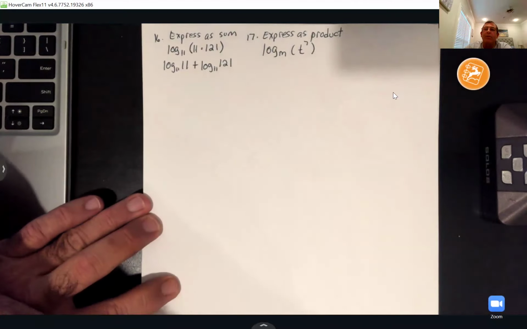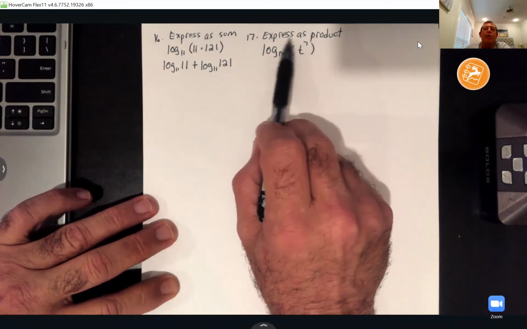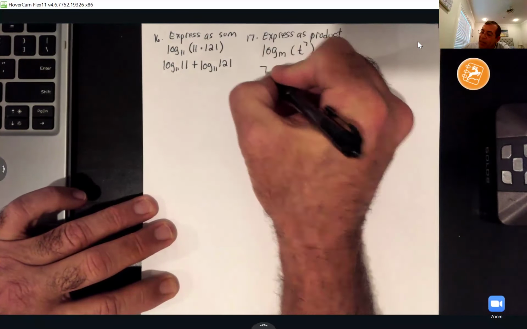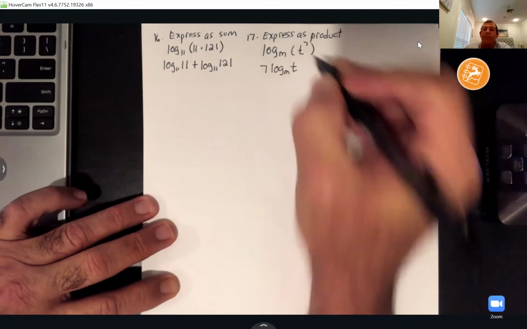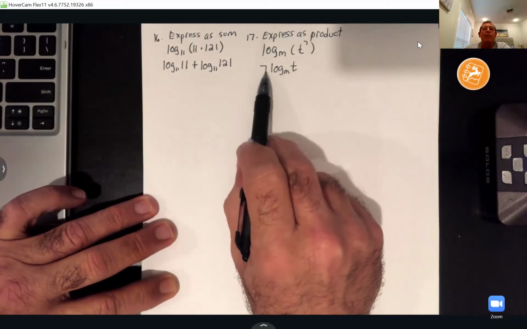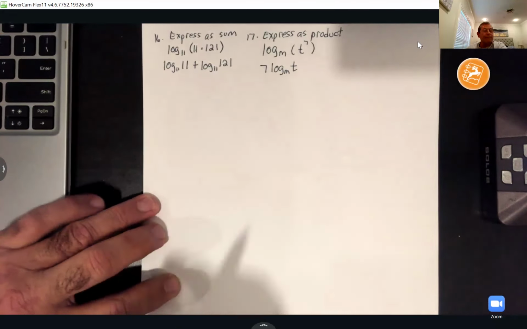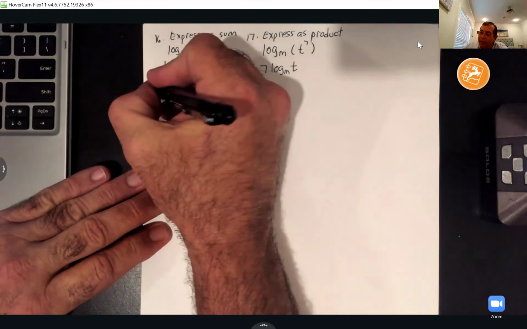The only thing I'm still going to do to rewrite this as a product is we're going to bring that 7 down to the front so that this becomes a 7 log m of t. It's now a product between 7 and that log, okay? And y'all, we don't go no further.